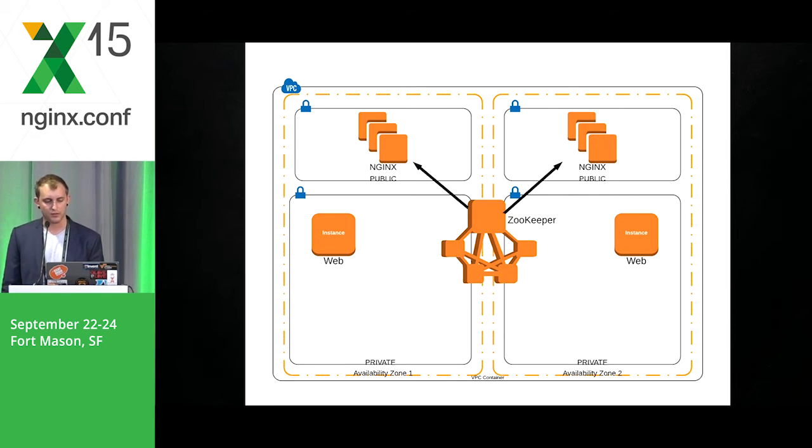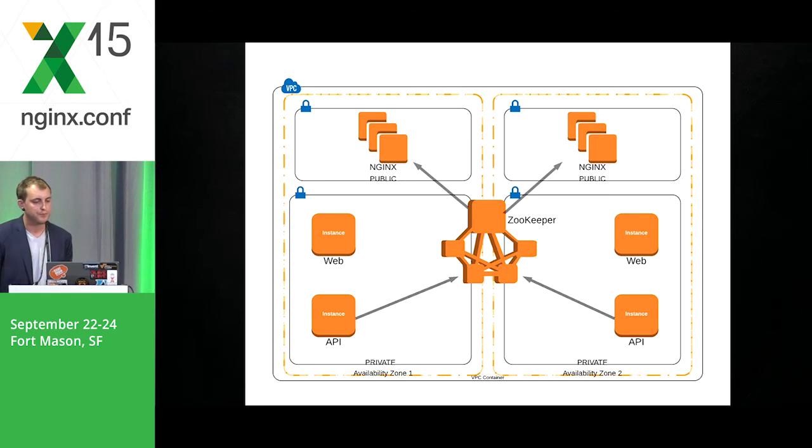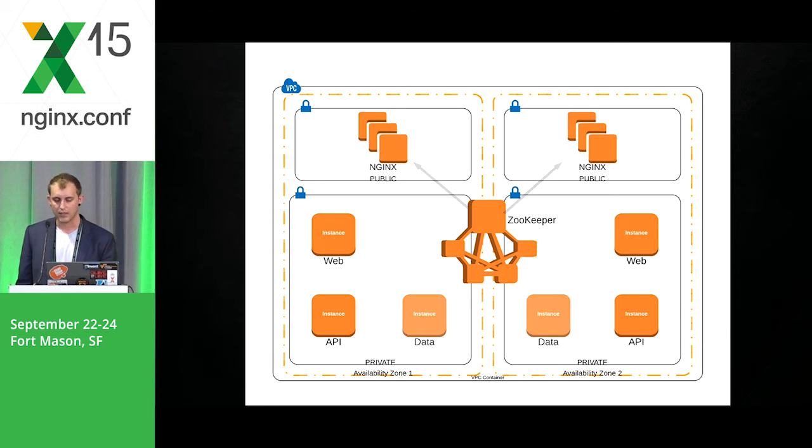However, here the NGINX box has a subscription to the web layer Z nodes. So this event is pushed out to the NGINX boxes. The NGINX client will know what to do with that information and template its configuration accordingly. Same goes for the API layer and the data layer.